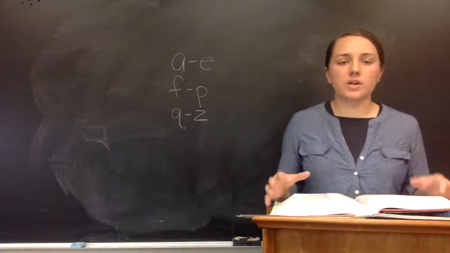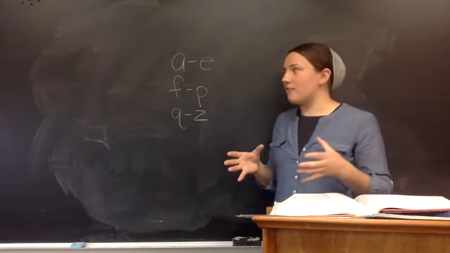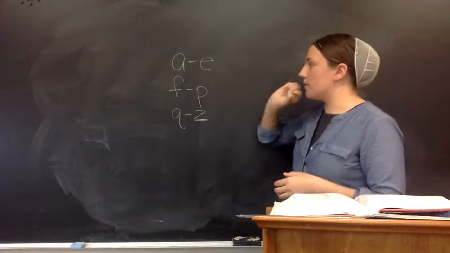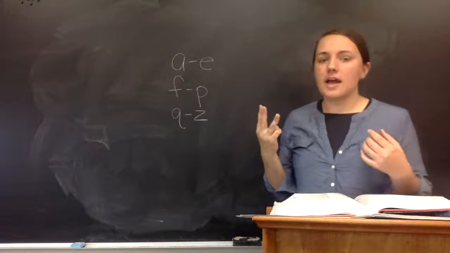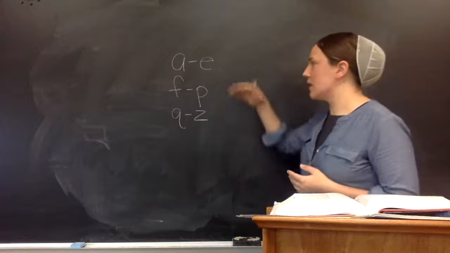Now, you can find words in the dictionary more quickly if you can divide the alphabet in three parts. So think of the dictionary being divided into three parts, and it would be approximately like this.